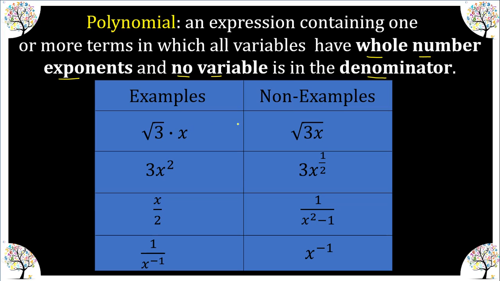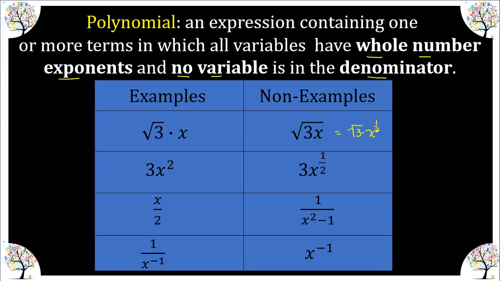So our first example and non-example, they look very similar. The square root of 3 times x is a polynomial because x is not part of the radicand. However, you cannot have a variable as part of your radical expression because really this could be rewritten as the square root of 3 times x to the 1/2.